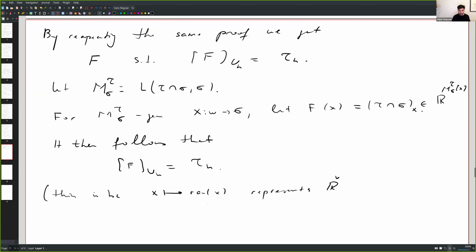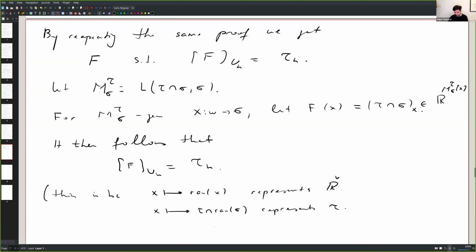So what is f going to evaluate? Now your sigma is this real, tau, and x goes to tau intersection range sigma, tau intersection range sigma represents tau.